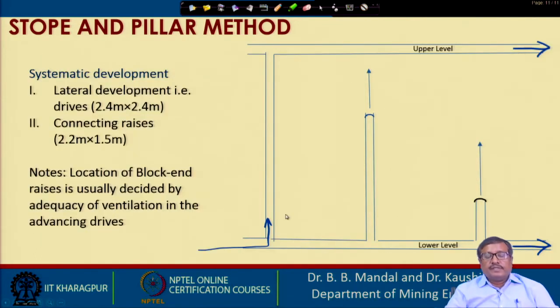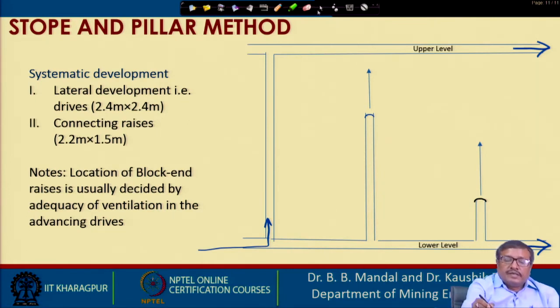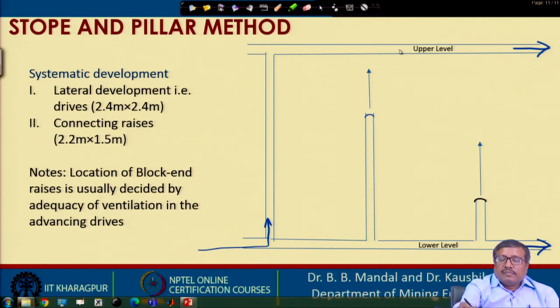Now, in these things it is imperative to understand what is the systematic development procedure of this stope and pillar method. One is the lateral development, that means the drives that you are seeing at the top, the upper level and the lower level.